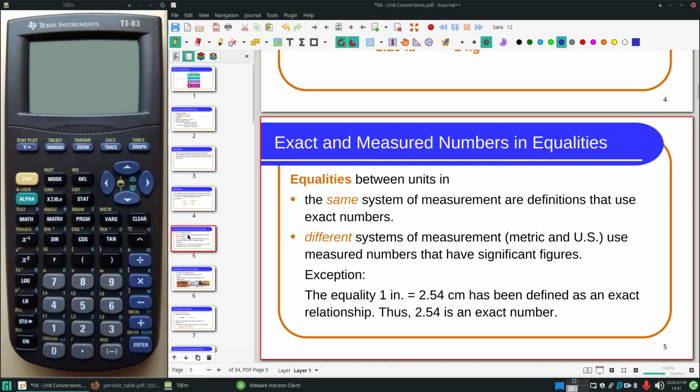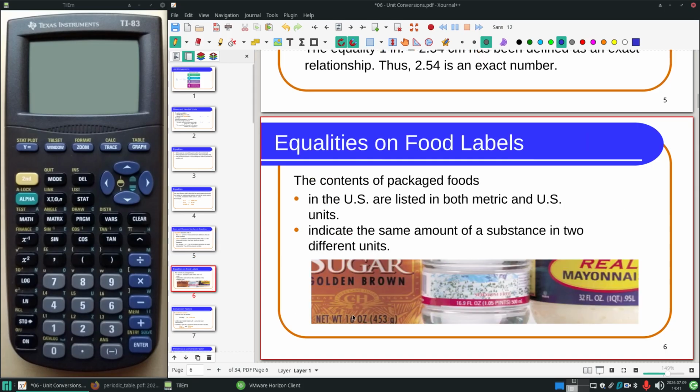All right, so what do we do once we have that? Those equalities are going to give us that unit conversion. So they can be anything. Like 1 inch equals 2.54 centimeters, which is the same as on that previous slide. It might even be related to a food label. Most food labels in America list the net weight in ounces or potentially fluid ounces, and they'll also typically tell you that volume in metric, in milliliters.